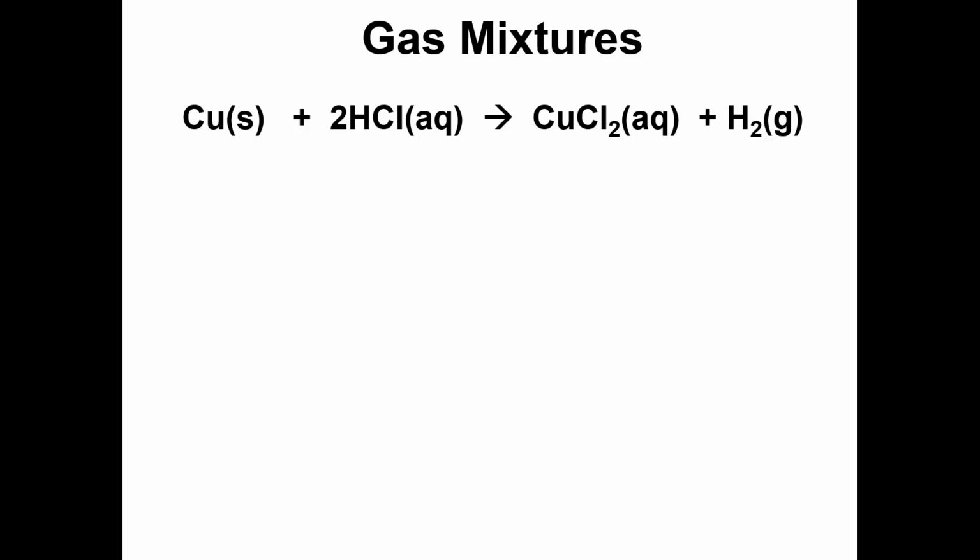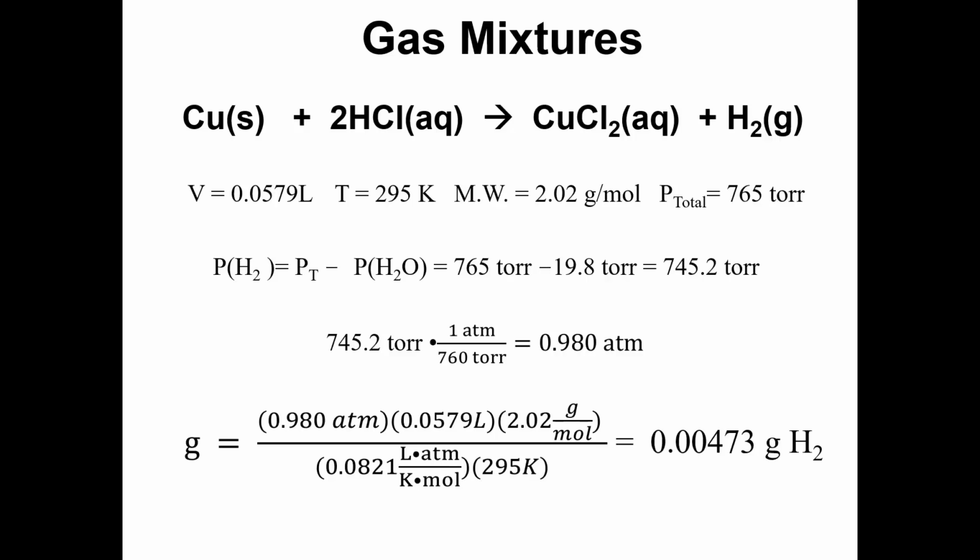I'm just going to bring up this problem, because we're running out of time. The volume was provided, the temperature was provided, you just had to convert it, and then we simply calculate the partial pressure of hydrogen by subtracting the partial pressure of water from the total pressure. It's crucial that you do that or you're going to get it all wrong.